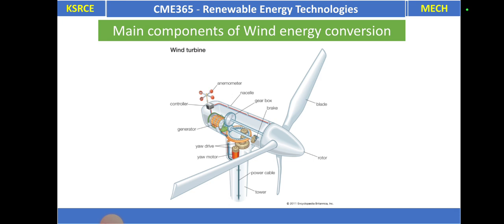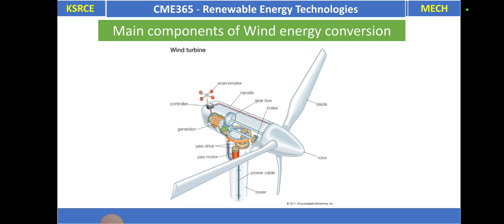Next one is the yaw control system. It is used to continuously orient the rotor in the direction of the wind. The horizontal axis wind turbine has a yaw control system that turns the nacelle according to the actual wind direction using a rotary actuator attached to the gear ring at the top of the wind tower.